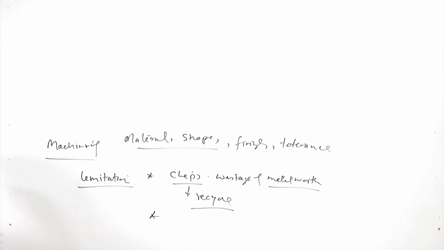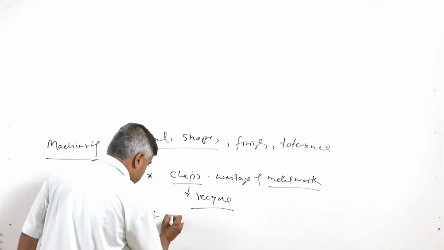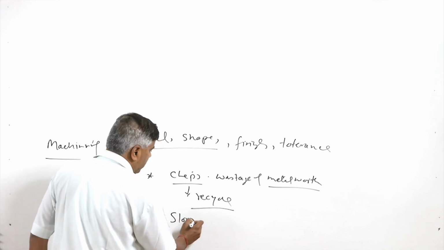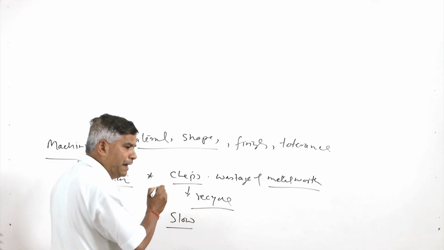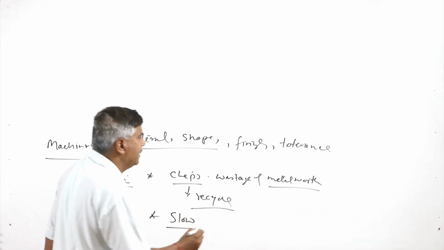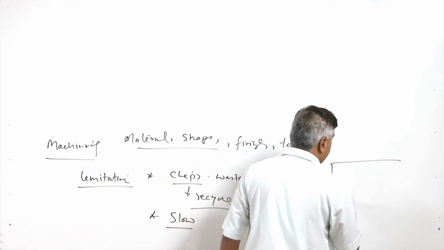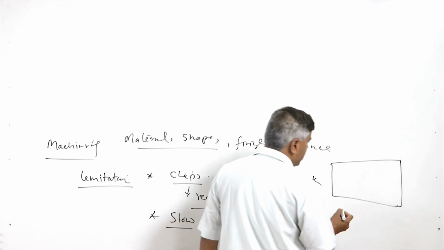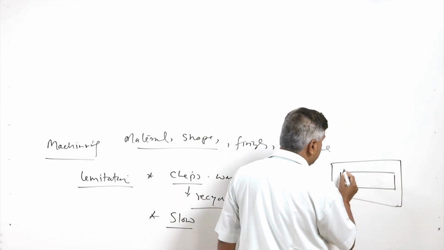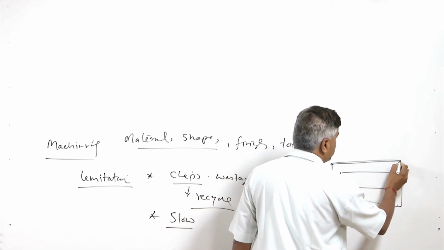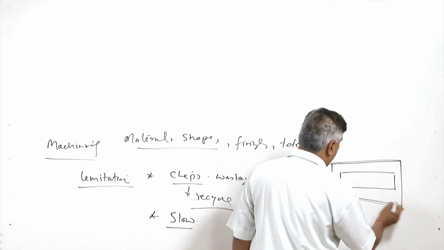Another negative aspect related with this is that the process is quite slow, because in this process the material is removed layer by layer sequentially. For example, if we have a very large stock and a very small component needs to be made from it, then material will be removed sequentially, layer by layer, one by one.